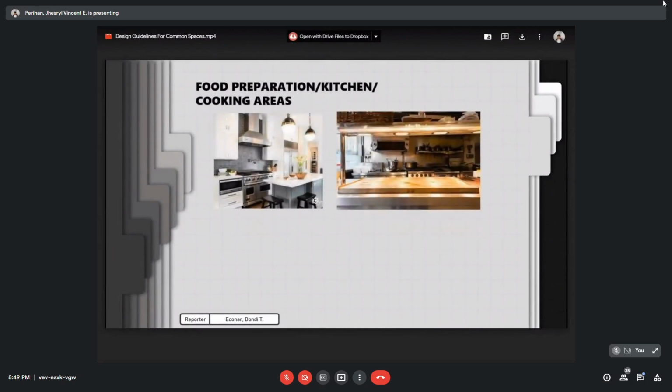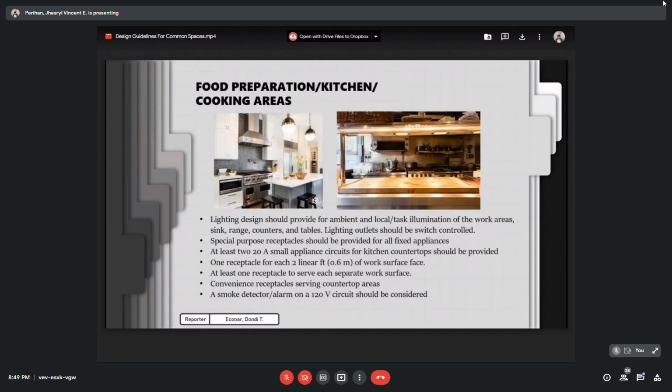Next area is on food preparation, or kitchen or cooking areas. First, lighting for ambient and local or task illumination of the work areas, sink, range, counters, and tables. Lighting outlets should be switch controlled. Special purpose receptacles should be provided for all fixed appliances.